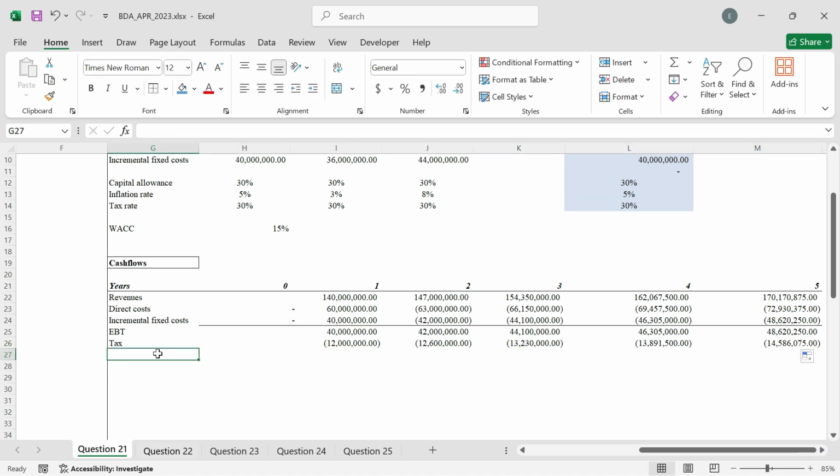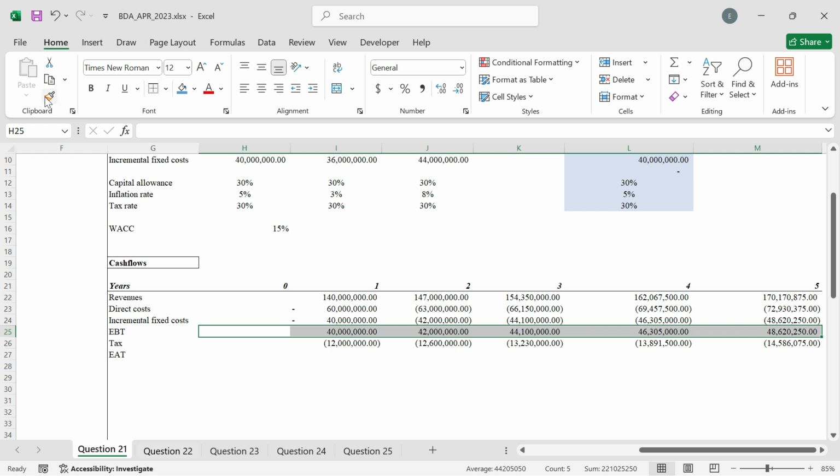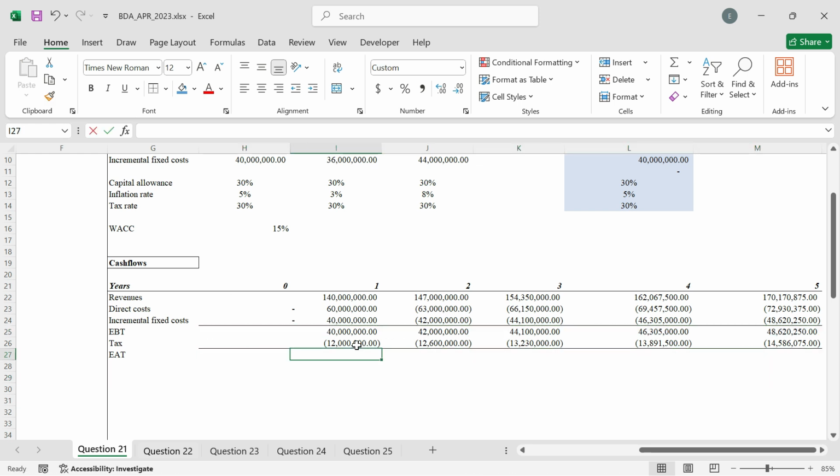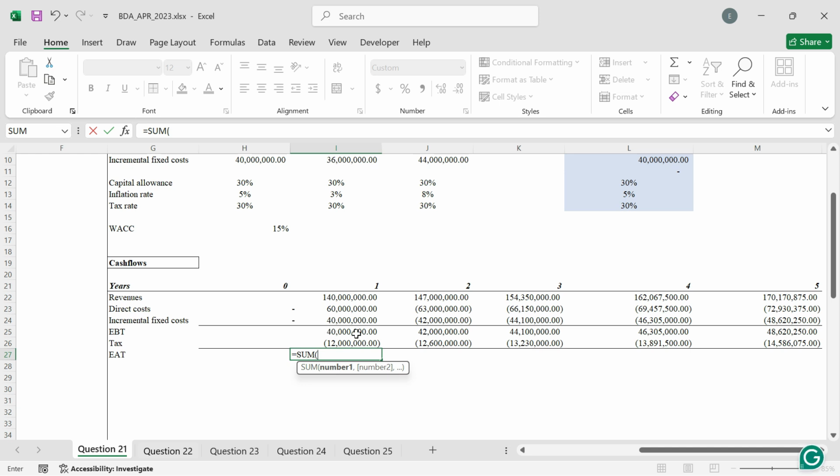Then I'll have my earnings after tax, which would be the sum from the previous subtotal.